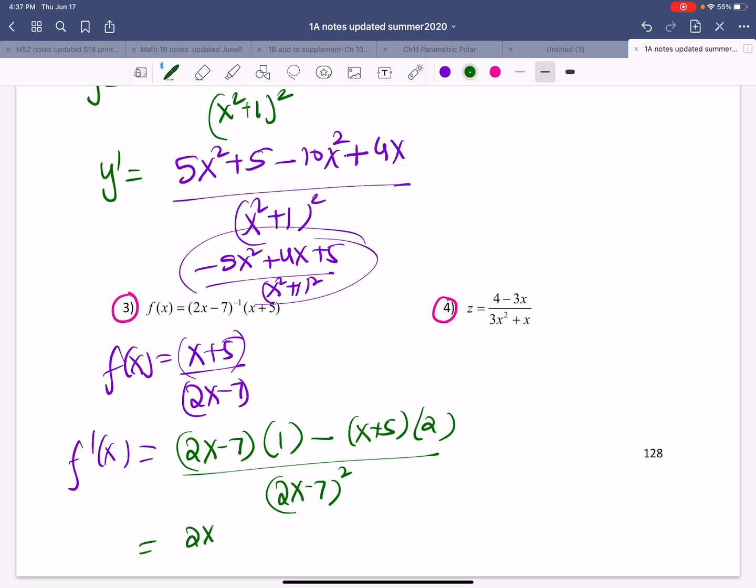So this is 2x minus 7 minus 2x minus 10 over (2x minus 7) to the second power. Looks like I can get rid of the 2x and 2x here. So that's negative 17 divided by (2x minus 7) to the second power.